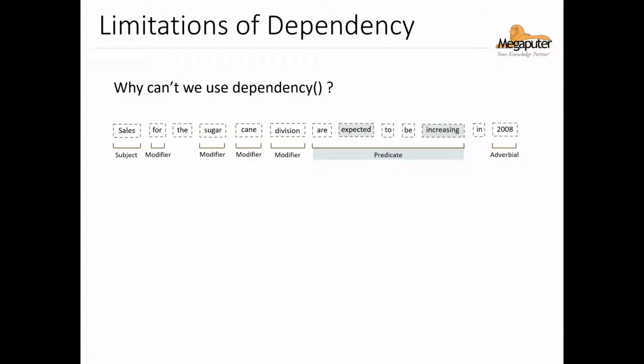Well, we can't, because they are both inside a predicate. If both of our terms are inside the same word group, like a predicate, we can't use the dependency relationship because there's no dependency relationship from a predicate to another predicate or from a predicate to itself. There's no way to use dependency in this case.